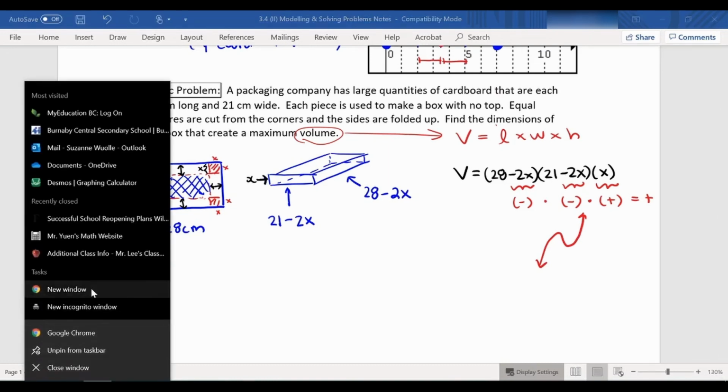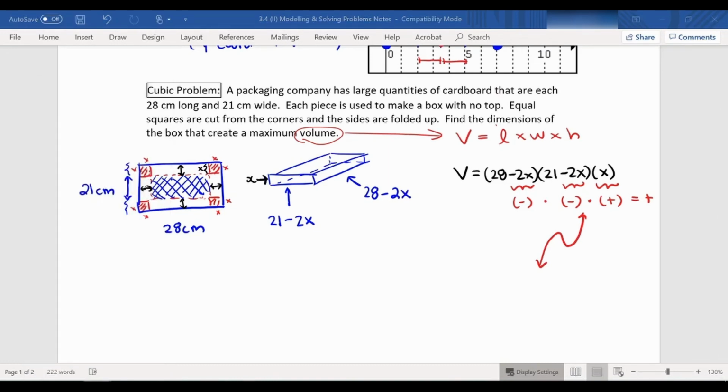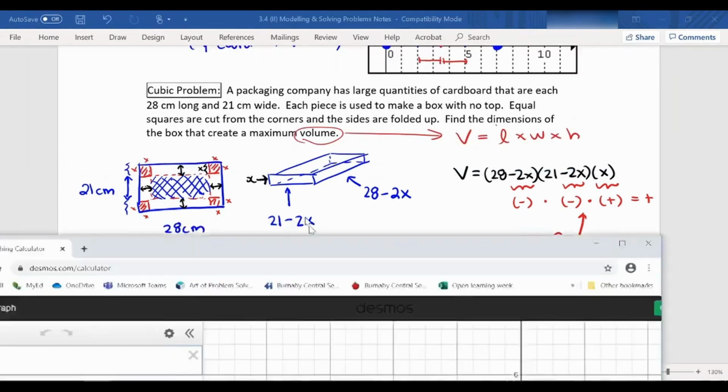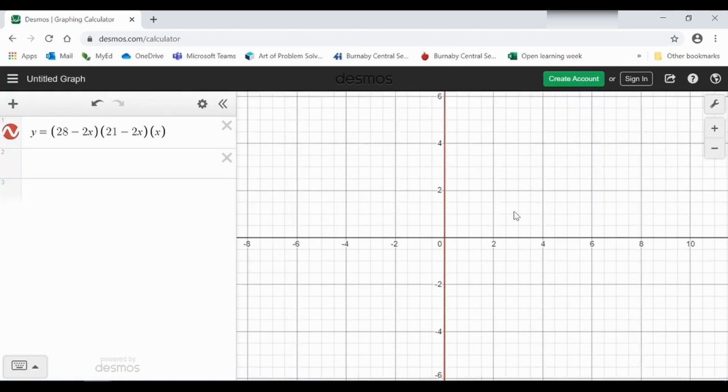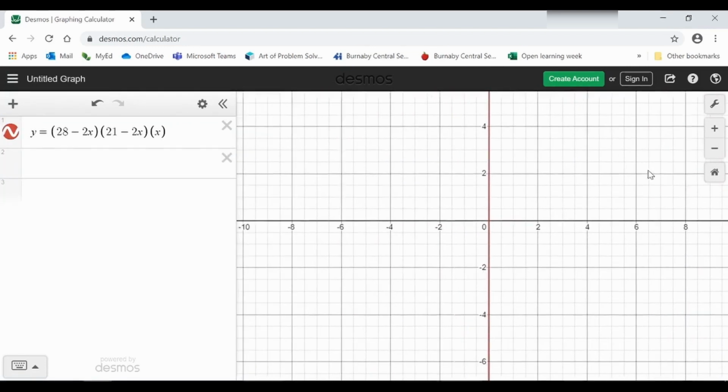Let's do a new window. Okay, so I had y equals 28 minus 2x, 21 minus 2x, and x. Now when I first look at this, it looks like a straight line.